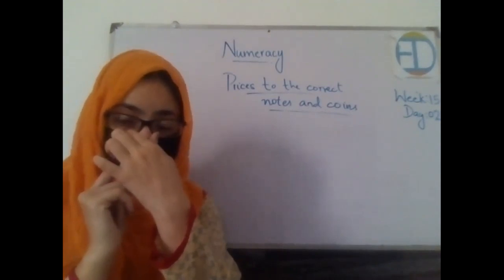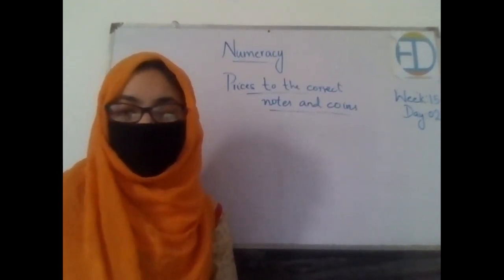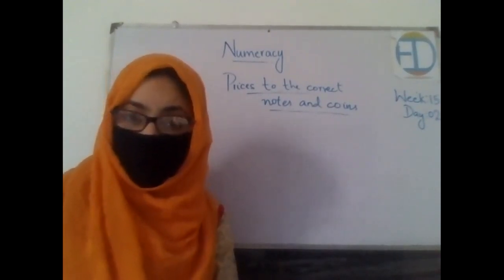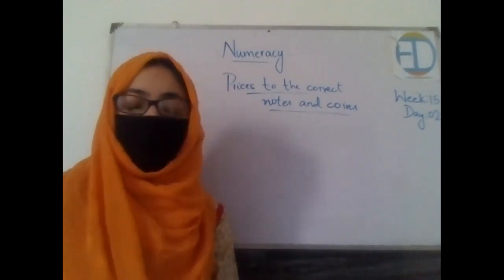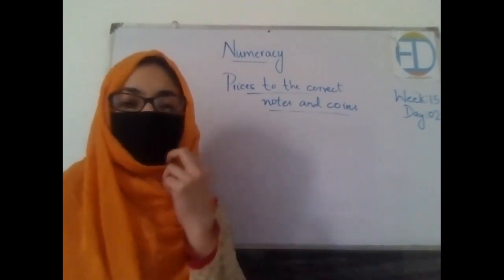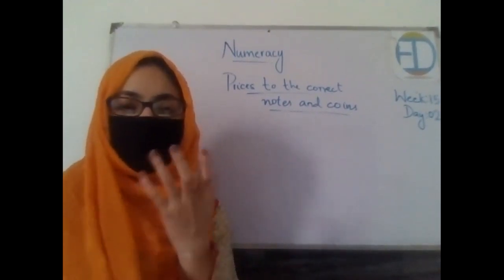We have these 7 notes. Previously, maybe some of you have seen that we had a note of 5 rupees and a note of 2 rupees as well, but they are not applicable anymore, so the banks do not accept them. So now we have coins only.